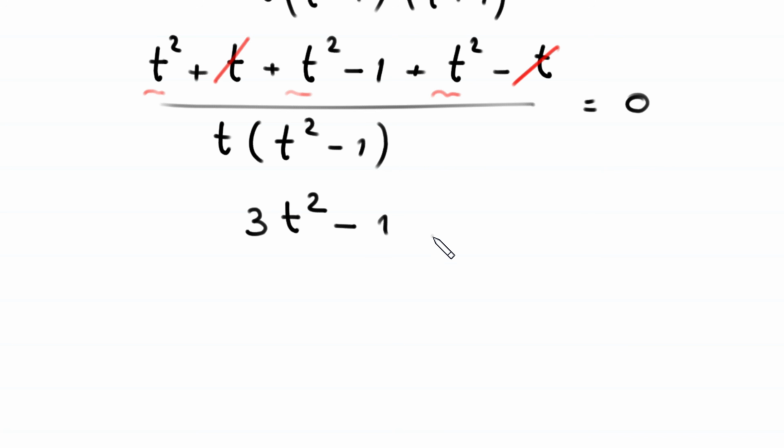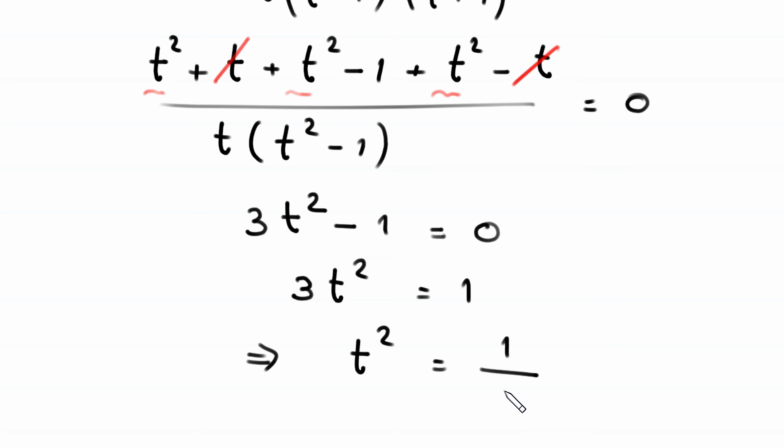So this will be equal to 0, and move this negative 1 to the right hand side, this will become 3 times t squared equal to 1. If we divide both sides by 3, this implies that t squared equal to 1 over 3.